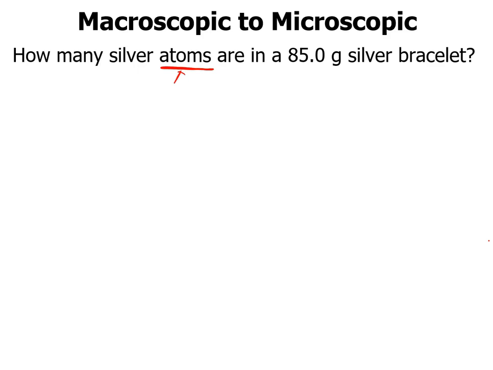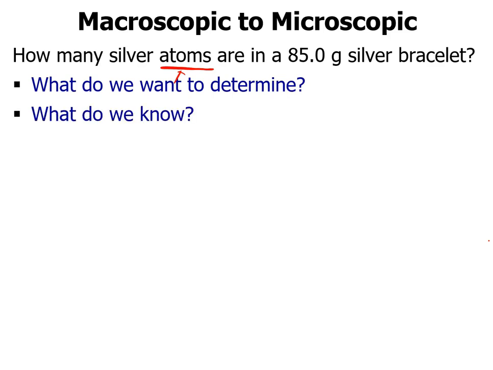So this is different, and we're going to have to use some other conversion factor to figure this out. So what is it that we're trying to determine? We want atoms, right? And then what do we know? Well, one thing we do know is that we have 85.0 grams of silver.